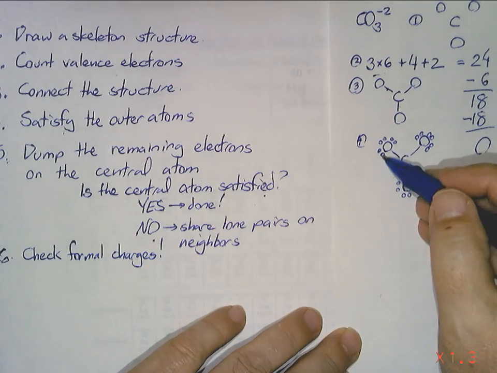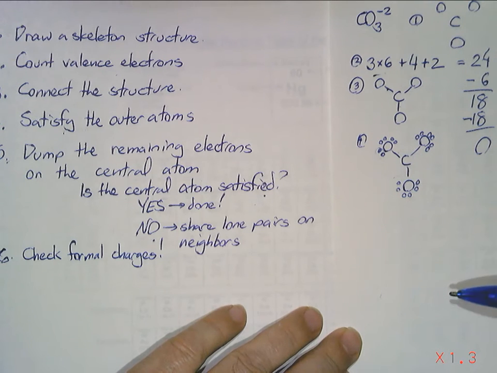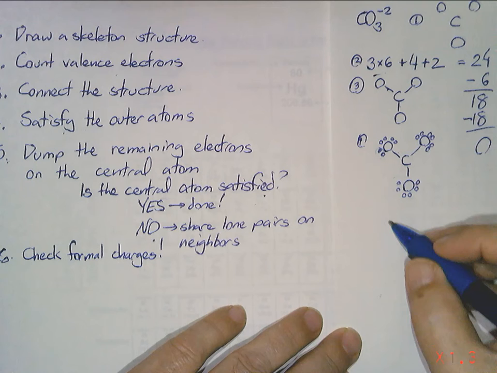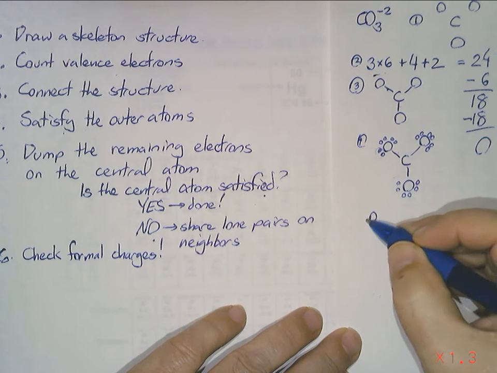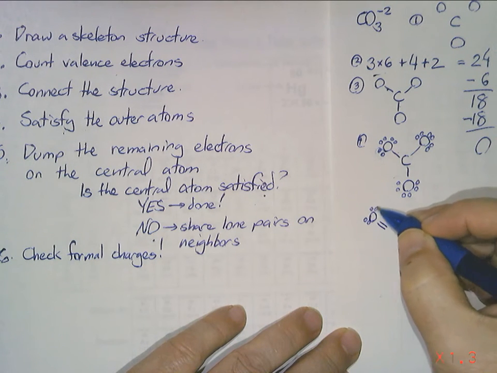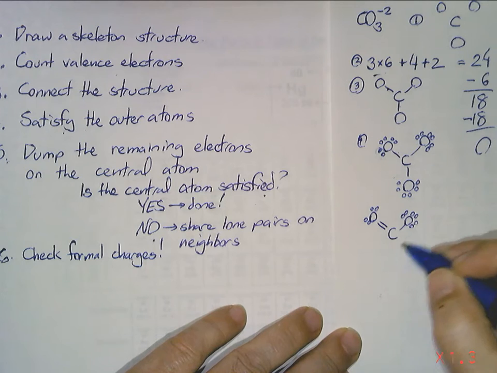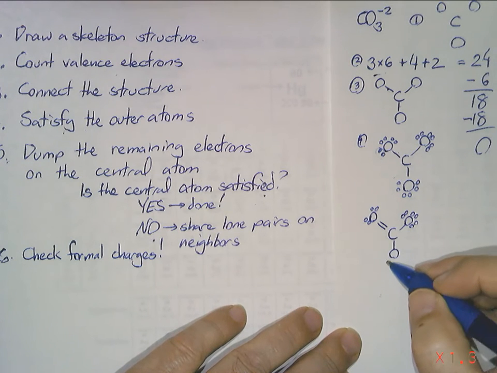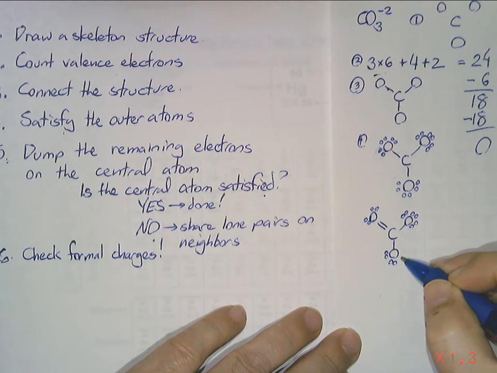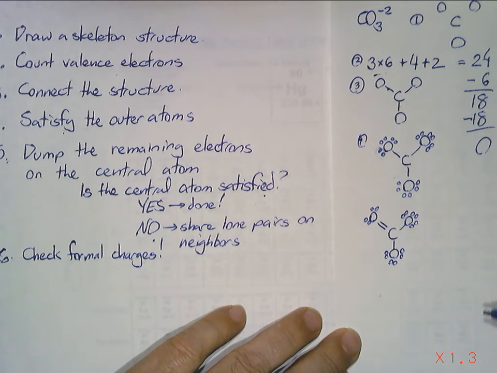Now, if I took a lone pair here and put it down here as a stick, that would do it. Then it would have an octet. Let's do that. Then I'll have a double bond there. So this is the structure that I have at this point. Okay, everything has an octet.